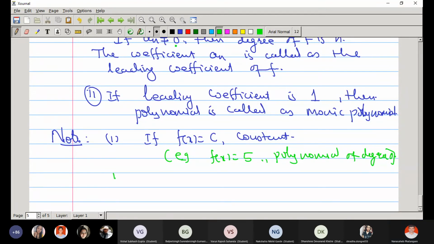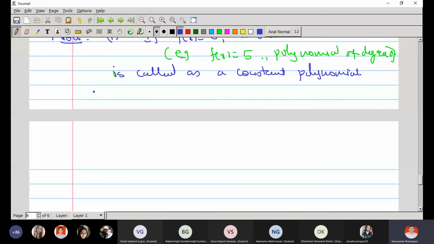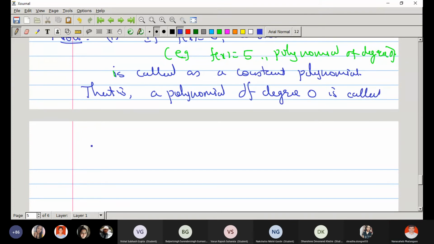So this is called a constant polynomial. Right, or a polynomial of degree 0 is called a constant polynomial.